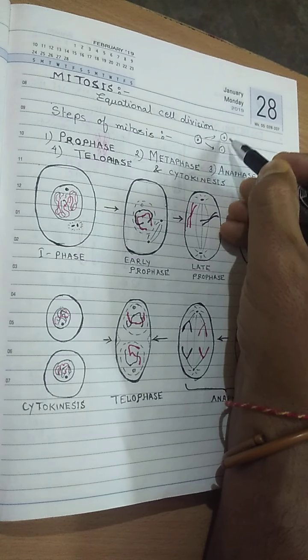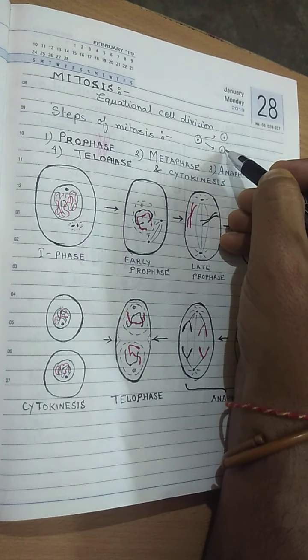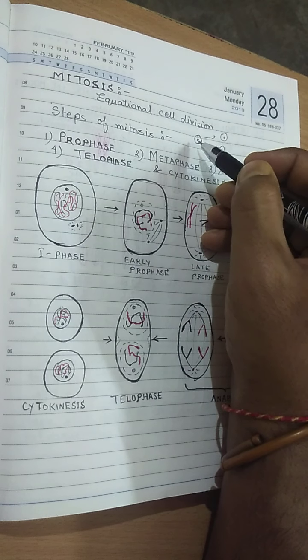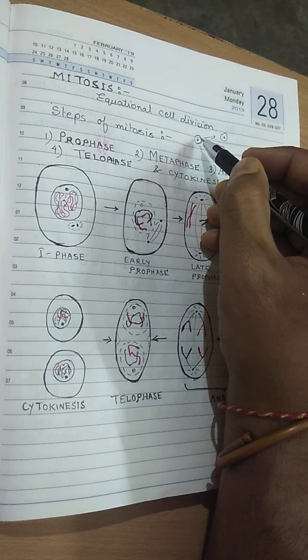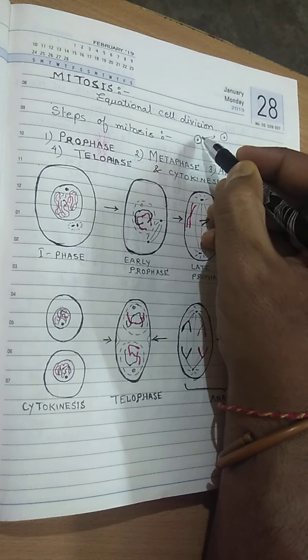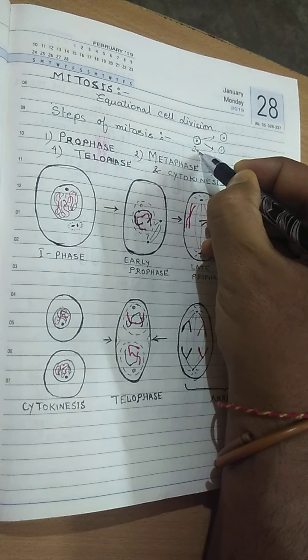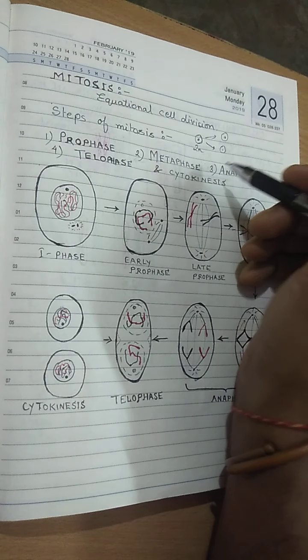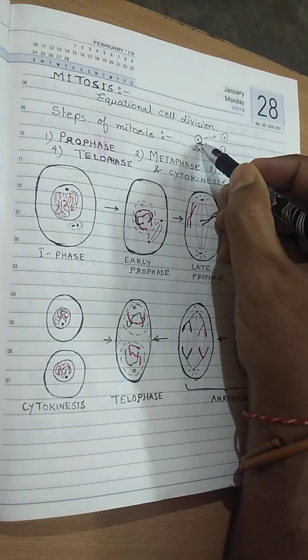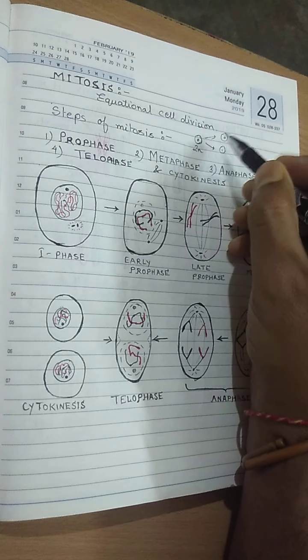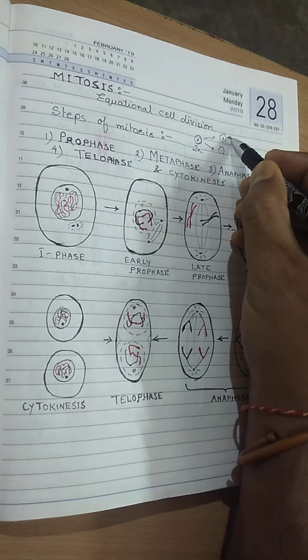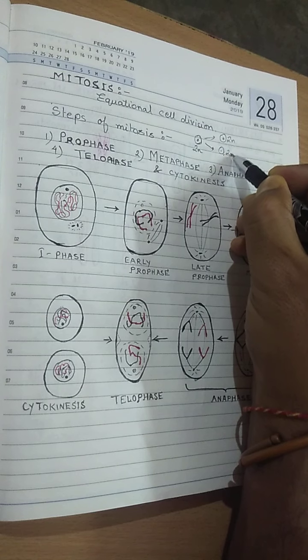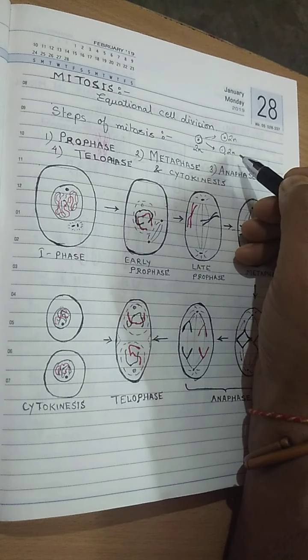And in both the daughter cells, the number of chromosomes will remain the same as that present in the parent cell or the mother cell. So suppose the mother cell is diploid, because I hope the concept of diploid and haploid is clear to you, I'll just tell in brief. Suppose the parent cell is diploid, when it forms two daughter cells, both the daughter cells will be diploid. That means they will have the same number of chromosomes.